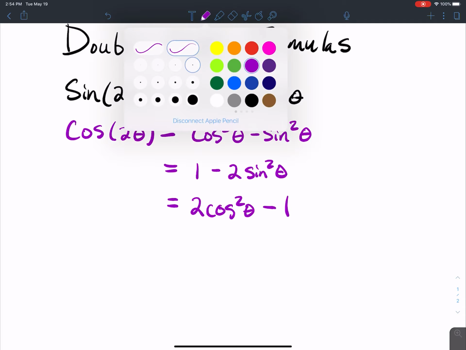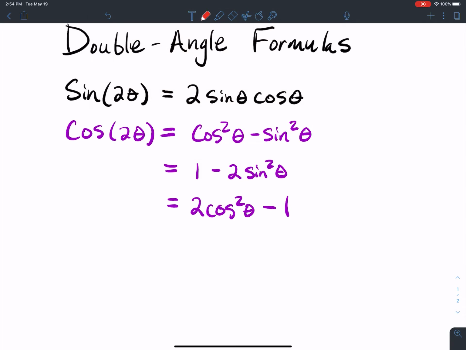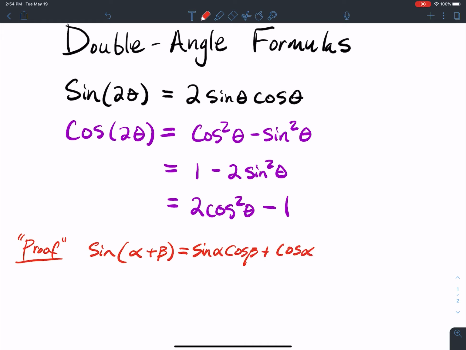Okay? So, a little proof for each of these. So if I have sine alpha plus beta, from the sum identities we know that that's sine alpha cosine beta plus cosine alpha sine beta.